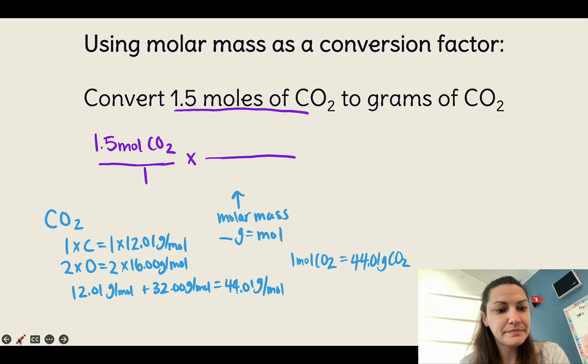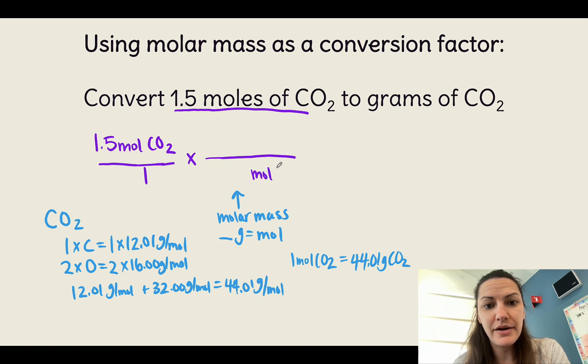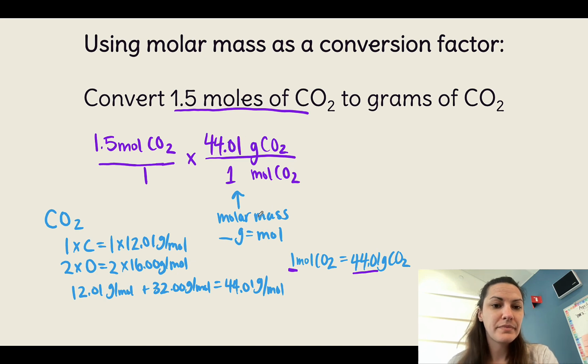So let's do that. We have moles in the numerator to start, so I'm going to put my moles of CO2 in the denominator, and I'm going to put my grams, my desired unit, in the numerator. I'm then going to take my numbers, so 1 mole CO2 will match up right here, and 44.01 grams is going to match with the unit of grams. So my units are going to cancel out. Moles of CO2 cancels out moles of CO2, and I can do some math to simplify.